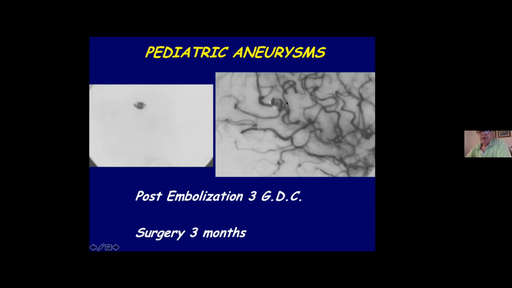After coiling, I decided on surgery 3 months later because the aneurysm grew. It is the first, or the initial, case of GDC coils in my experience, in 92, 93.